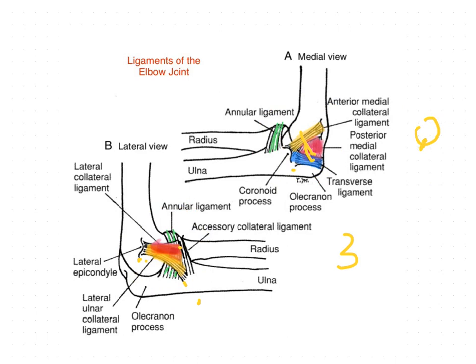So you have to see the difference. The lateral radial collateral ligament extends from the inferior aspect of the lateral epicondyle, whereas this lateral ulnar collateral ligament extends from the lateral humeral epicondyle itself to the lateral aspect of the ulna and the annular ligament.